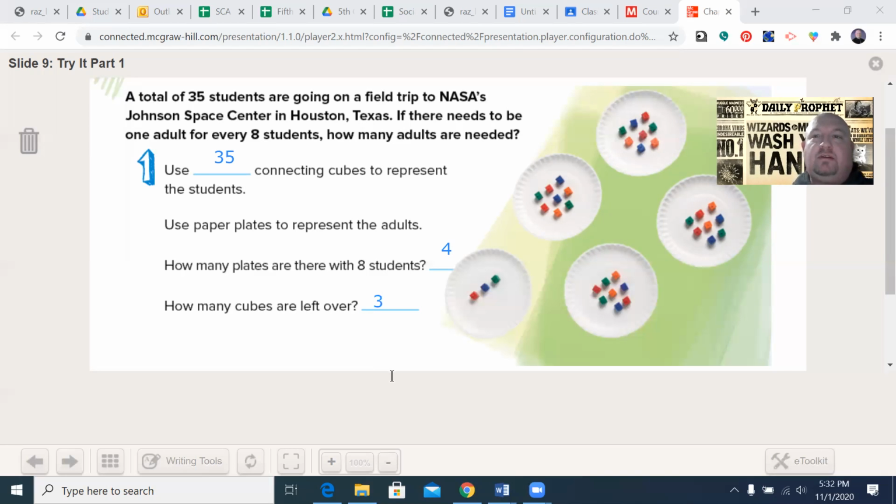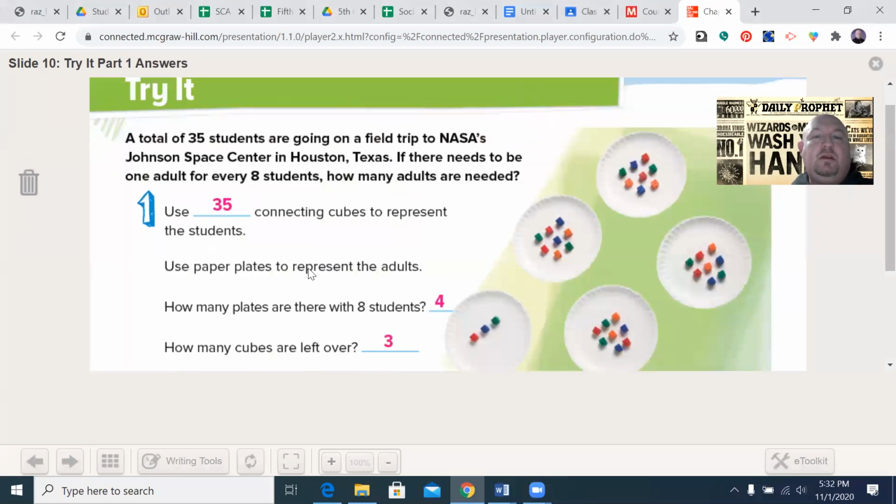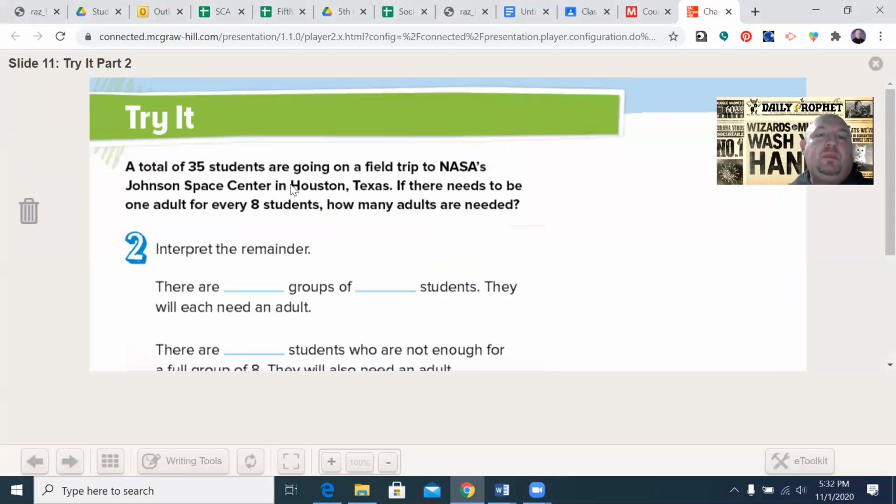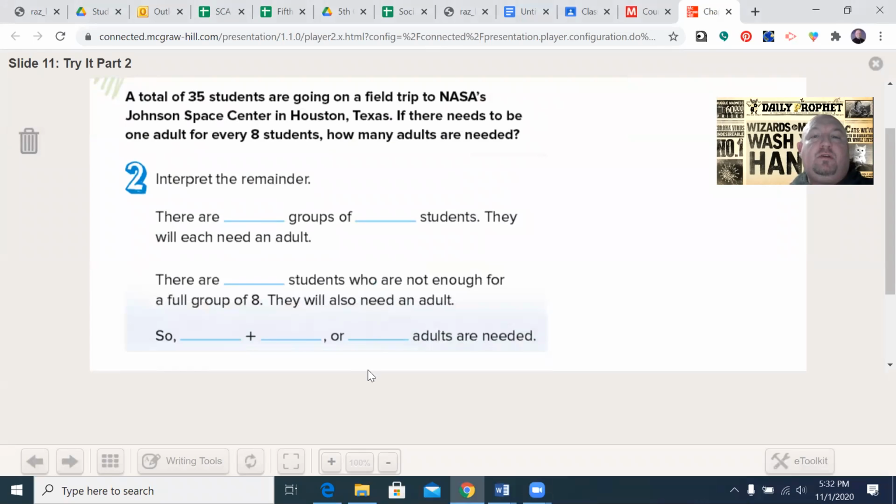But let's see if we're correct. So I'm going to clear the drawings, make sure you have those written in. Let's go to the next slide, which is the same. Interpreting the remainder. So there were four groups of 8 students.